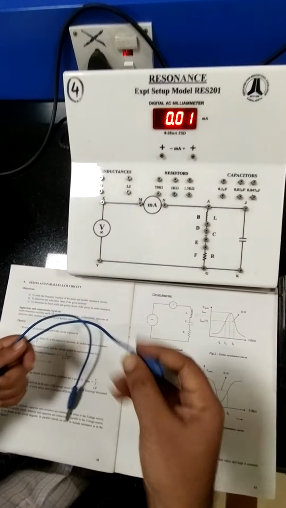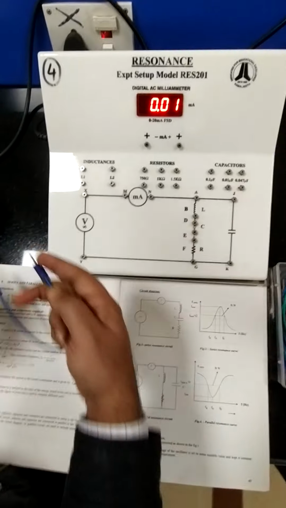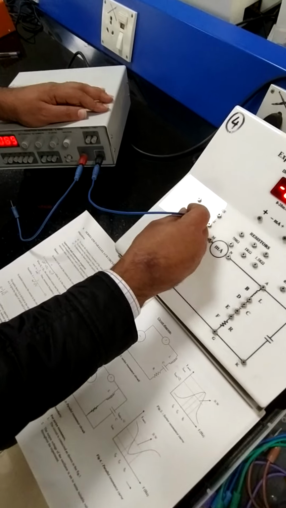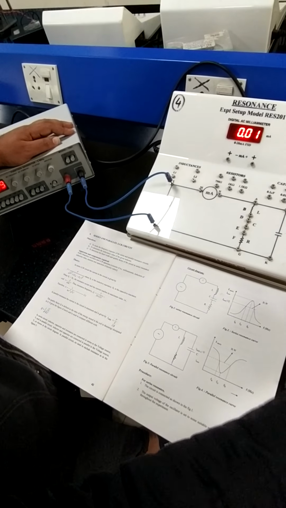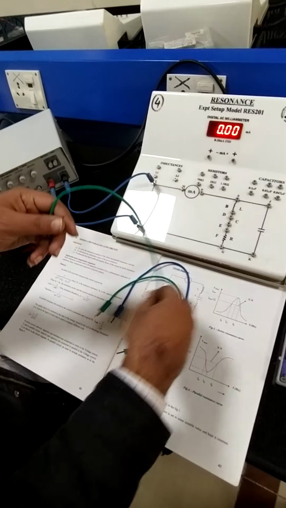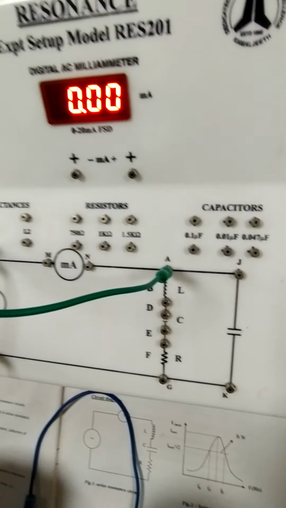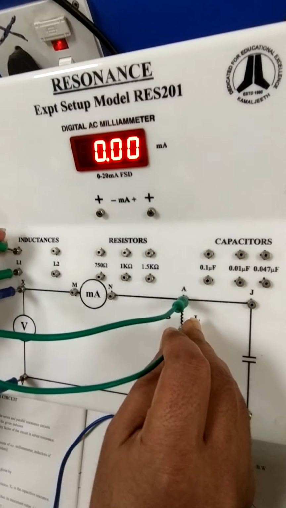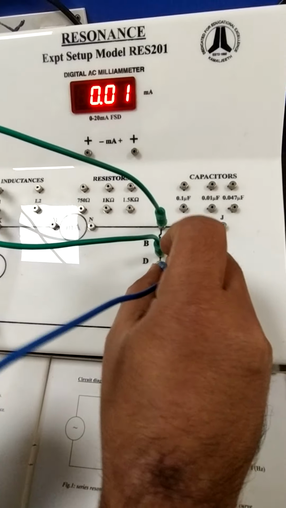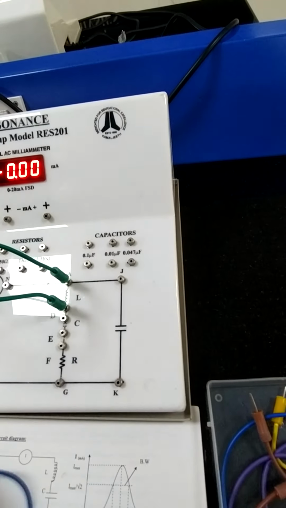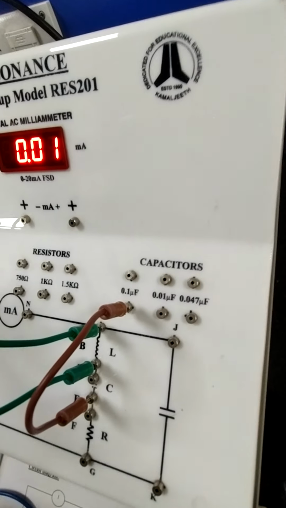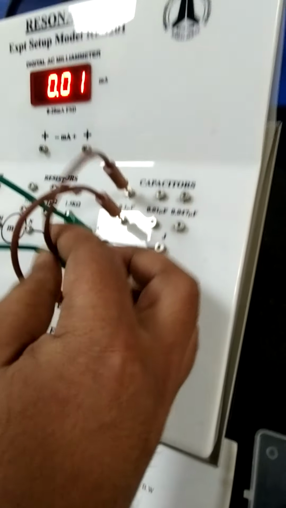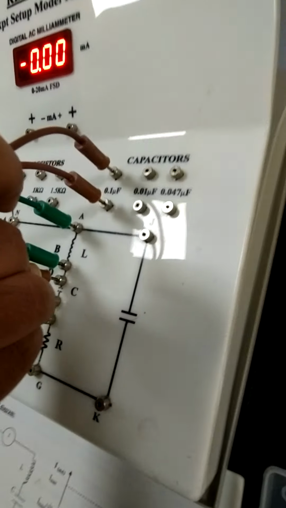First we will connect the function generator to our LCR circuit, and then we will choose an inductor, capacitor, and a resistor.